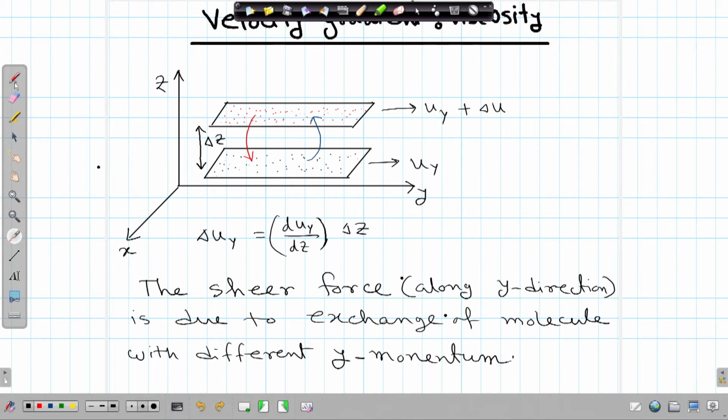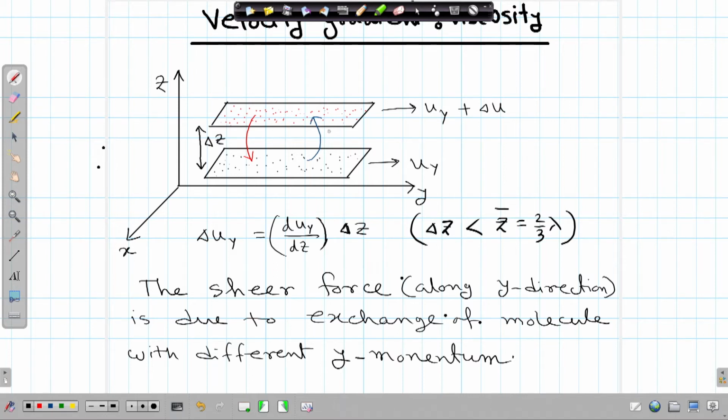We make one more assumption, that this delta z is less than the average distance, which is 2/3 lambda, which we have discussed already. So, we are just taking any 2 adjacent layers between which the molecules can move freely.